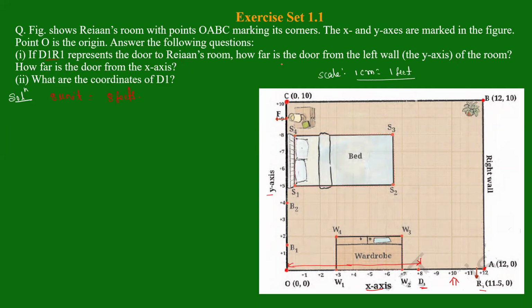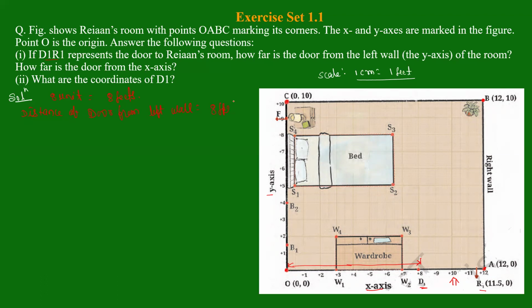So that is the distance of the door from the left wall, that is the y-axis. So we can write in words: distance of door from left wall equals how much? 8 feet.